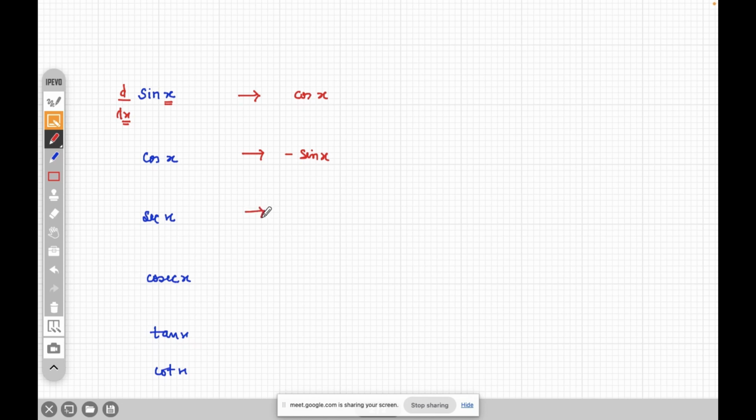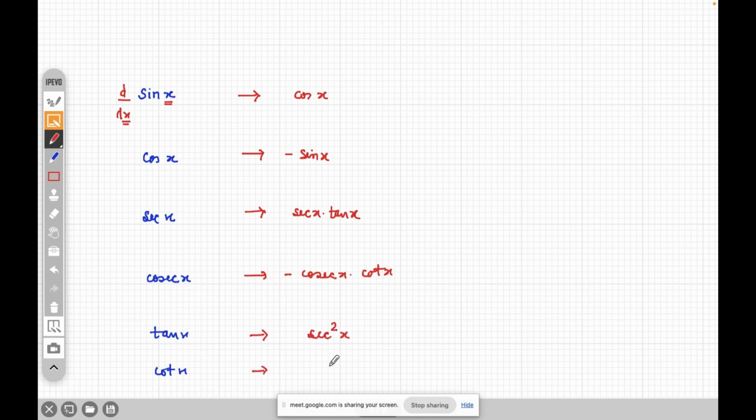Differentiation of secant x is secant x into tan x. Differentiation of cosecant x is negative cosecant x into cot x. Understand the symmetry, it will be easier for you to memorize. Differentiation of tan x is secant square x.